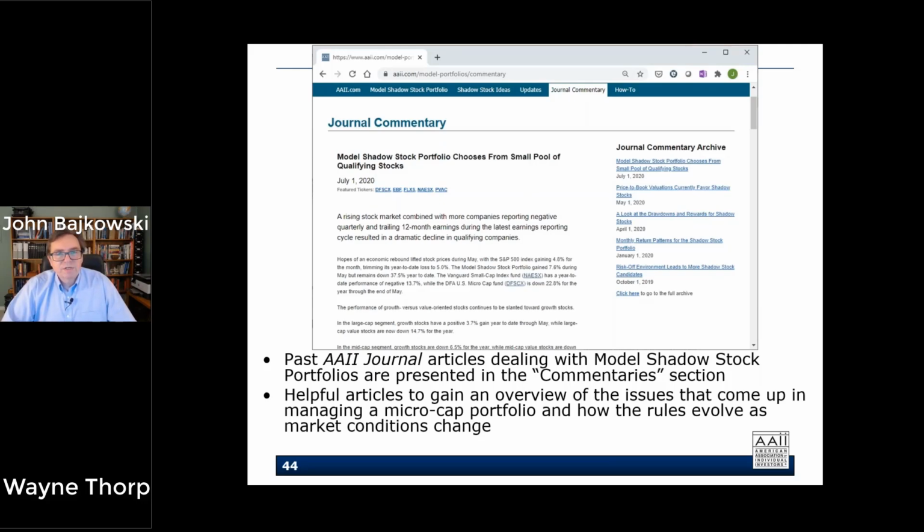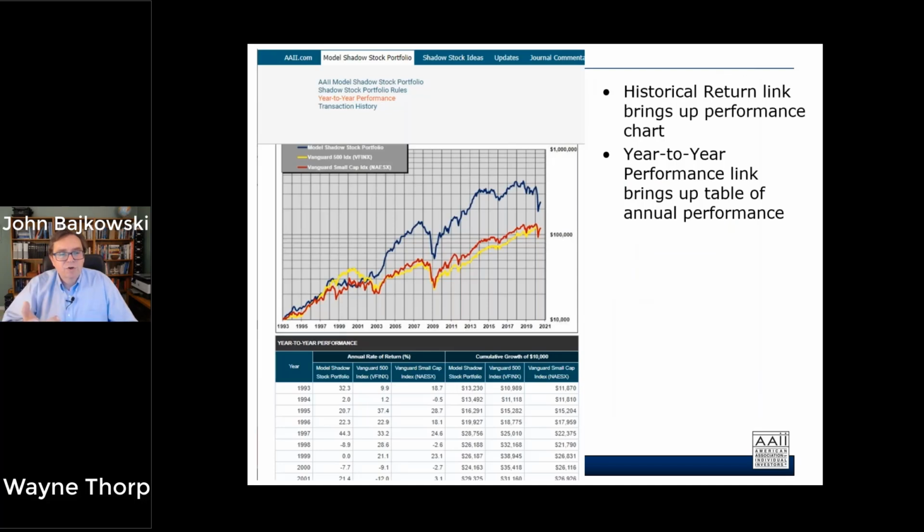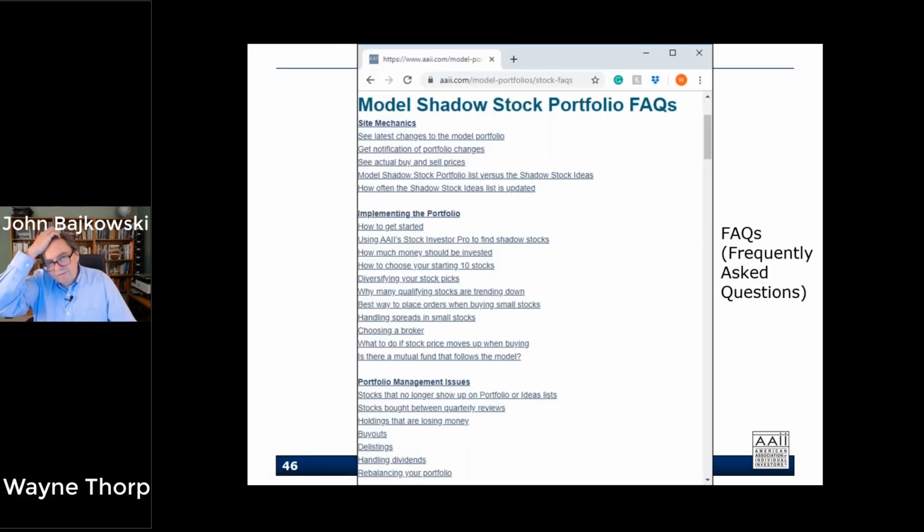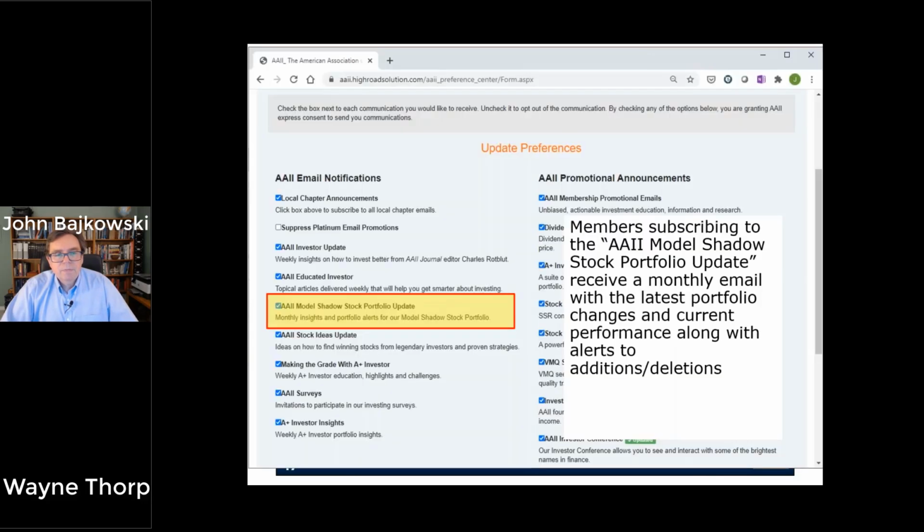Past articles are presented here, and the rate of return historically is presented under year-to-year performance under Model Shadow Stock Portfolio. And if you have any questions, some of the questions you asked tonight are very likely covered in the FAQs. If not, drop us an email. We'll make sure to add them to the FAQ.